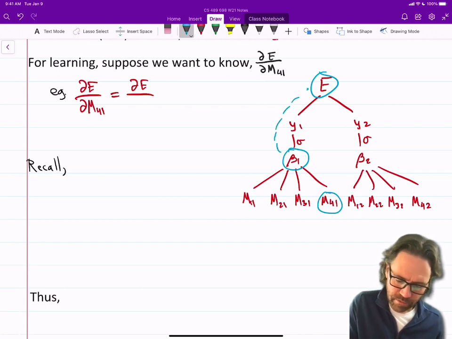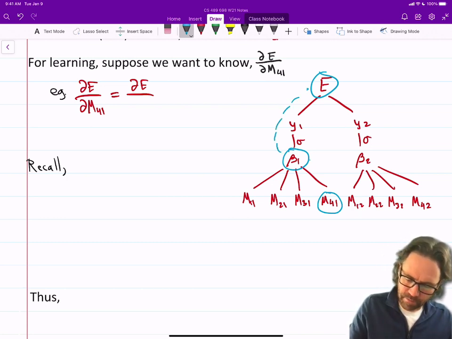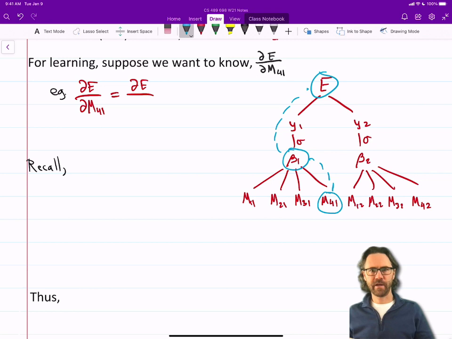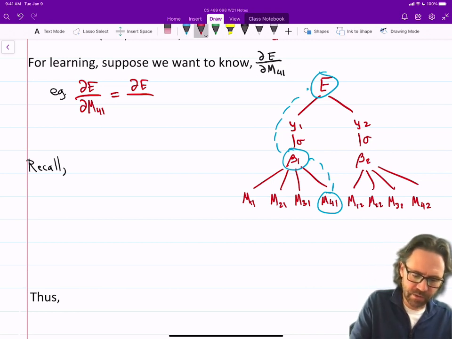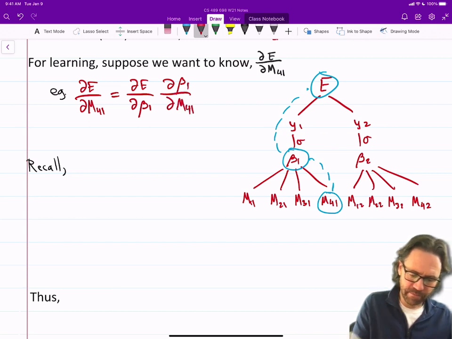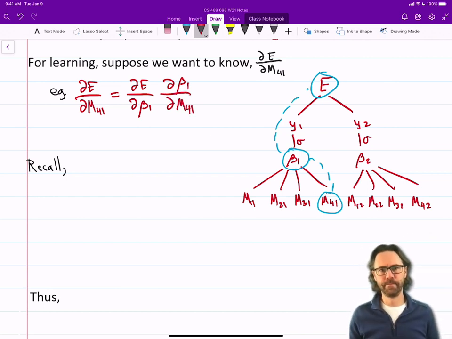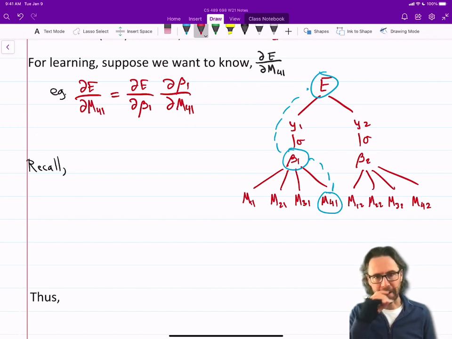I'm going to compose the full derivative with these 2 pieces: ∂E by ∂beta 1 times ∂beta 1 by ∂M41.